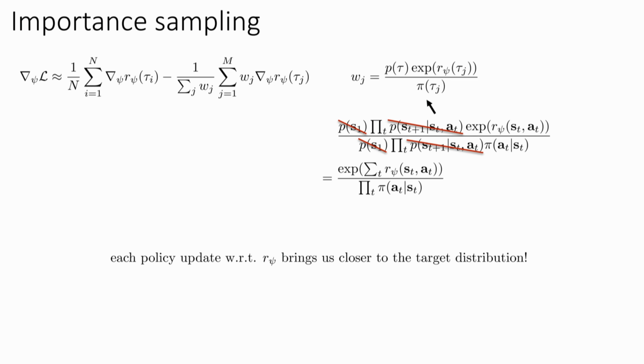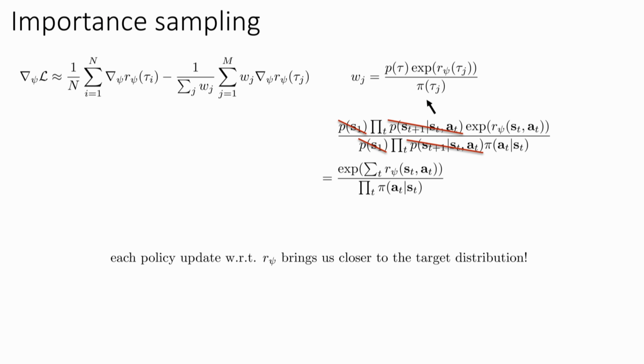Although importance sampling can be very ill-behaved for long horizons and high-dimensional spaces, you're explicitly optimizing your policy pi to bring it closer and closer to the numerator. So as your policy pi gets better and better, this ratio will become closer and closer to 1. While ordinarily using importance sampling for things that are very far off policy would be a bad idea, here your policy is being explicitly optimized to bring it closer and closer to the distribution that you're reweighting to.